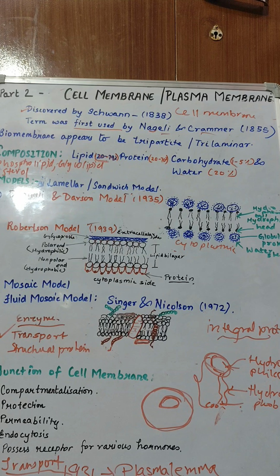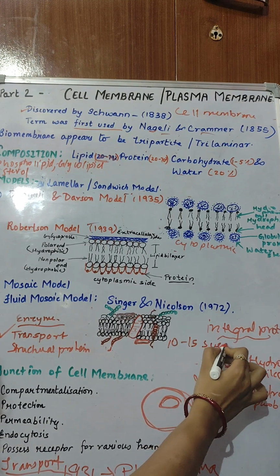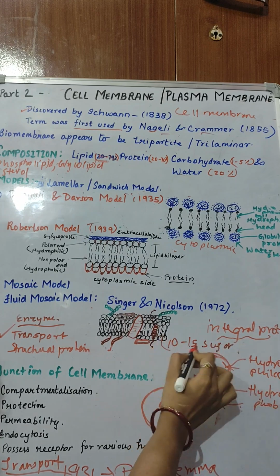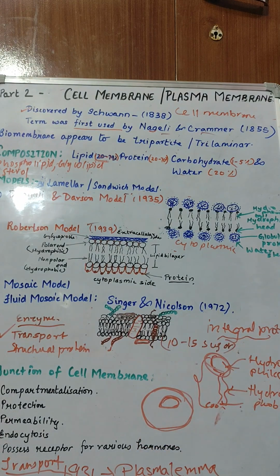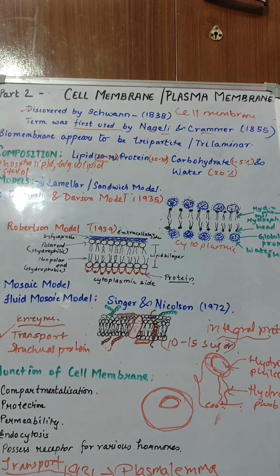Okay, carbohydrate, generally oligosaccharide. What is oligosaccharide? It is a polymer of 10 to 15 sugars. So 10 to 15 sugars will come together and attach to some surface, and that is known as carbohydrate or oligosaccharide.